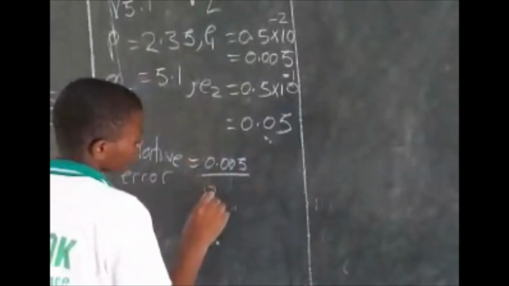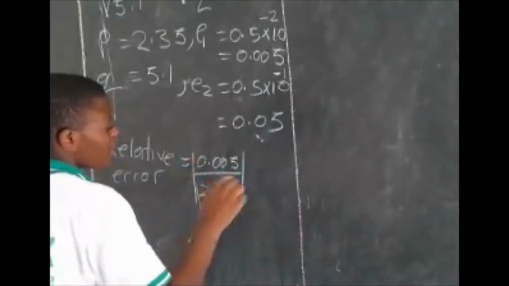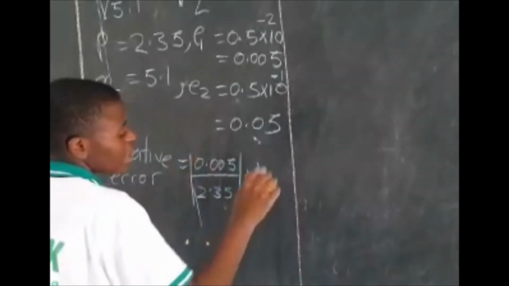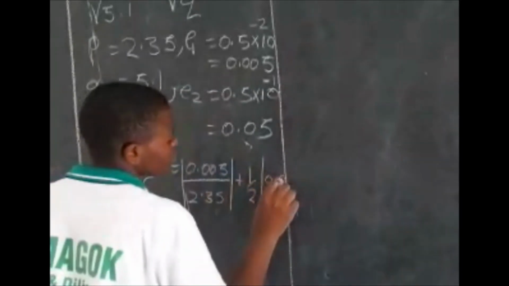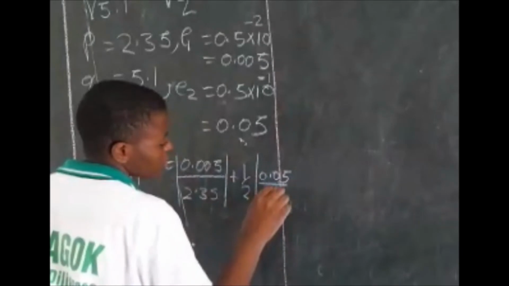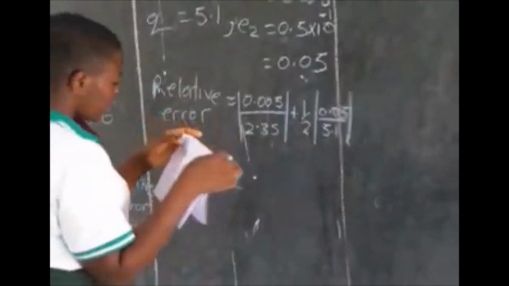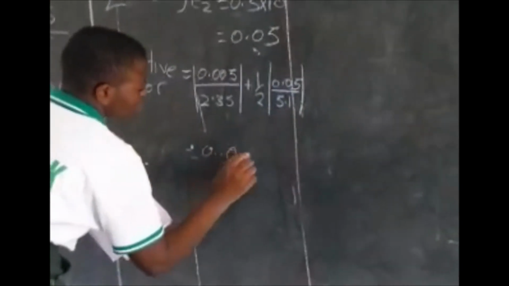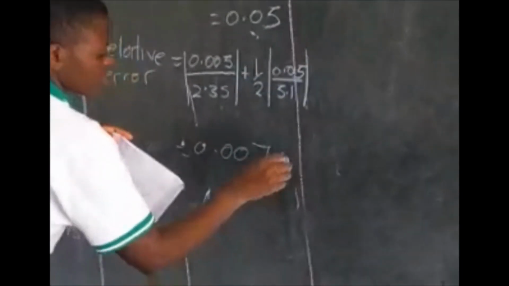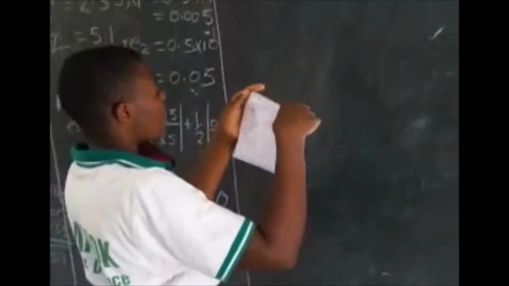Also, our P would be 2.35 plus a half the error in Q, which is 0.05, divided by the Q, which is 5.1. Now, when you work out this, you obtain 0.0070.